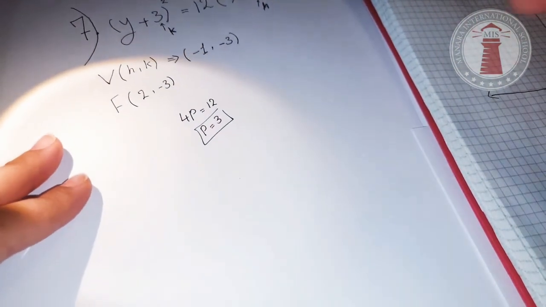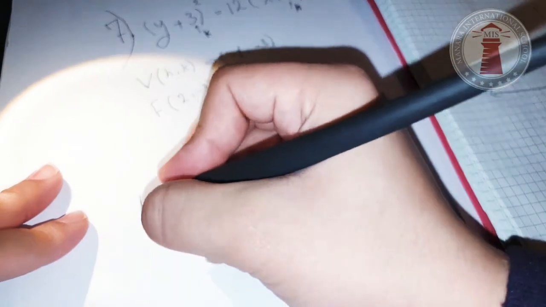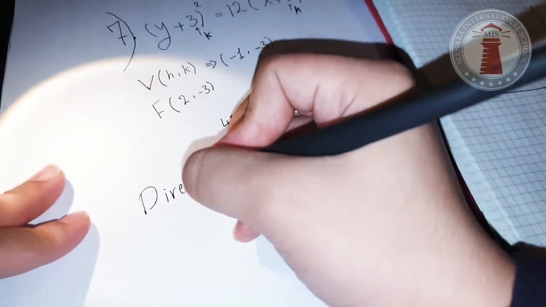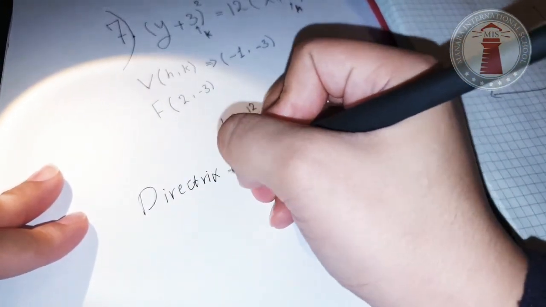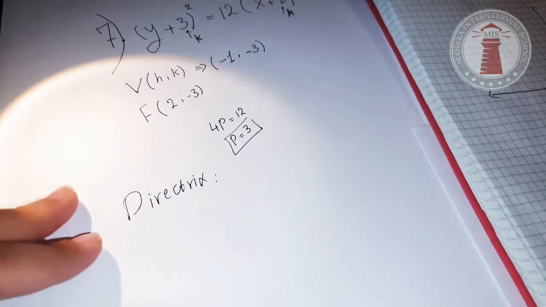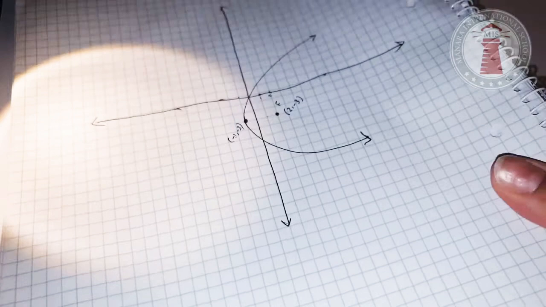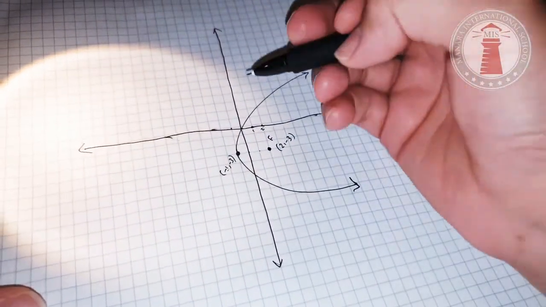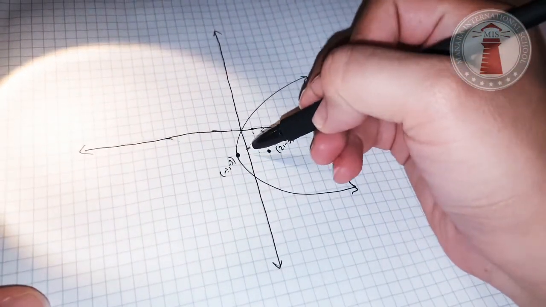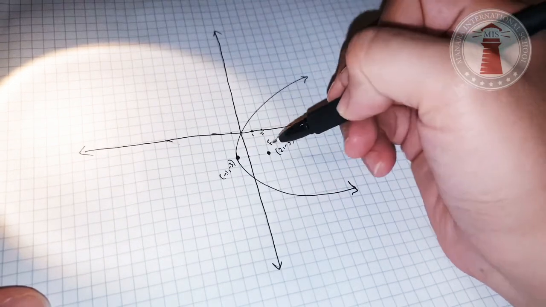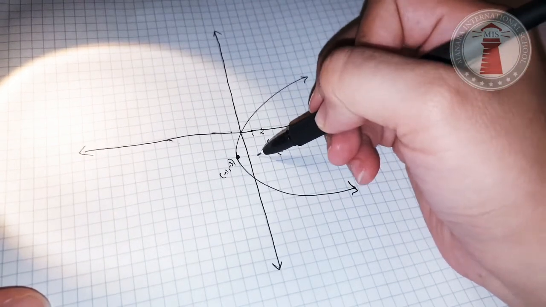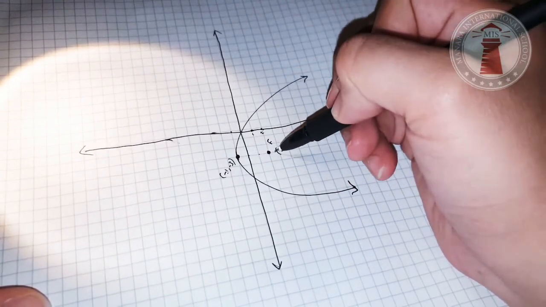Okay, now let's move to the directrix. The directrix, like we said before, we usually write as a linear equation. Now let's see. The directrix has to be the same number of steps away from the vertex as the focus. The focus is already 3 steps away from the vertex, on the right side.